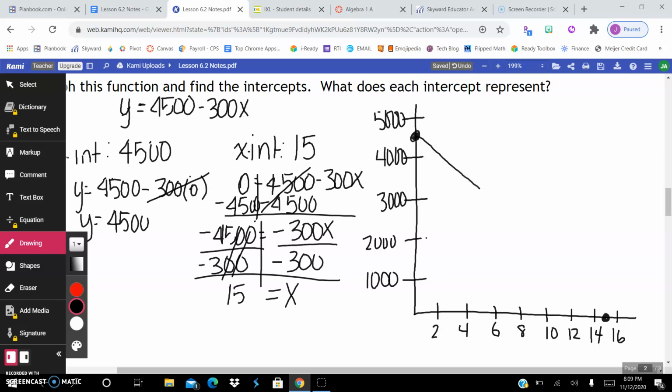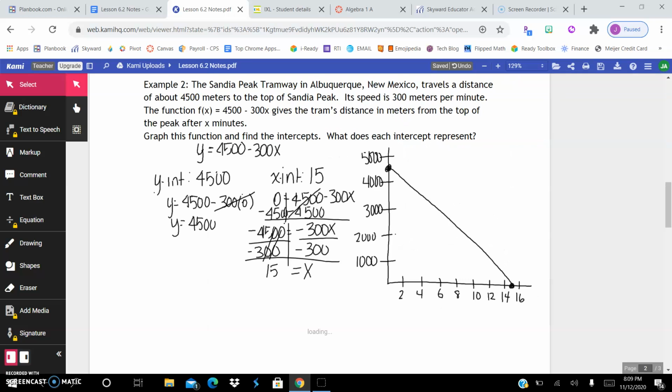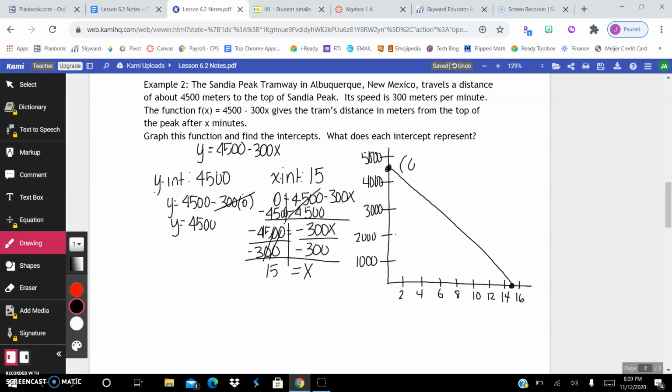And then if I would graph, we have that line there. And it wants us to give what each intercept represents. So this ordered pair is over 0 and up 4,500. So if we look, it tells us that its speed is 300 meters per minute.